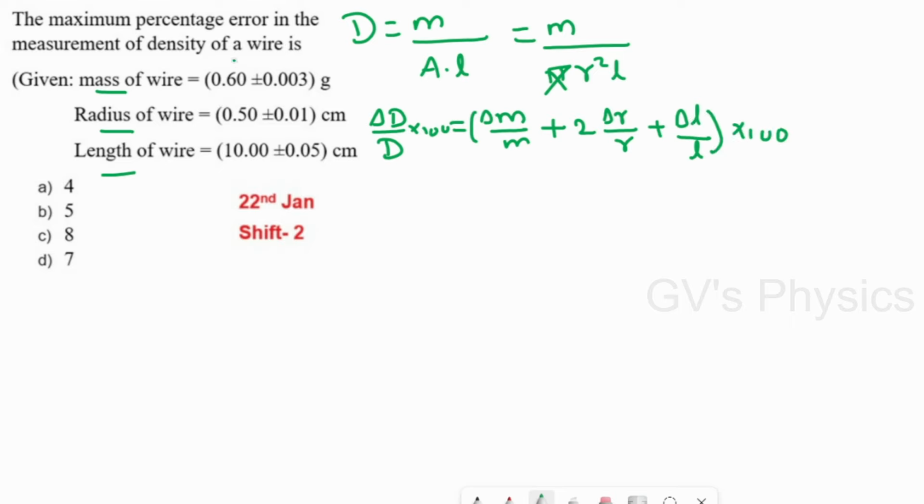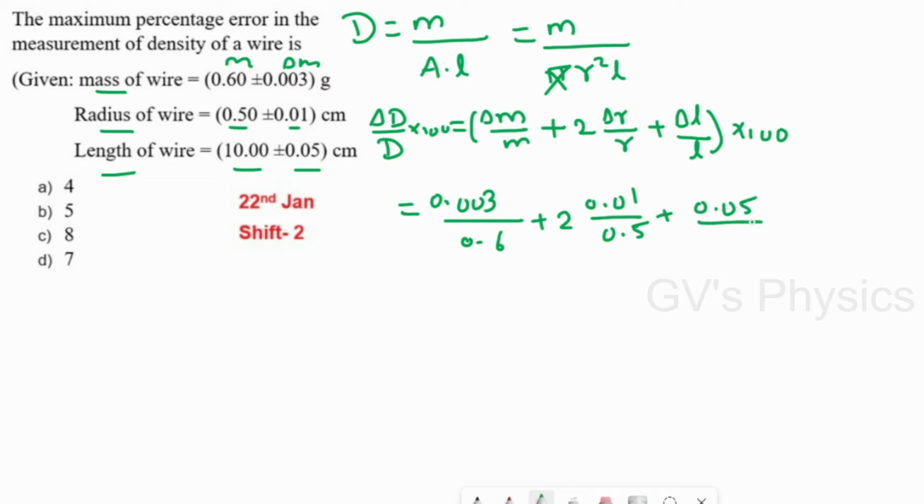They have given mass M and 0.003 is del M, then R and del R, length L and del L. So we substitute: 0.003 by mass 0.6, plus 2 into del R 0.01 by 0.5, plus del L 0.05 by 10, into 100.